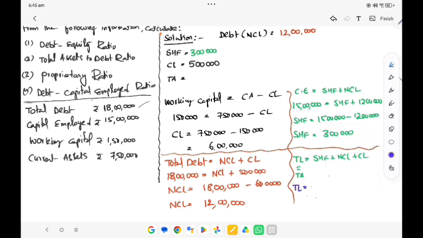Total liability is equal to 3 lakhs plus non-current liability 12 lakhs plus current liability 6 lakhs. Then what is the total? 12 plus 6, 18, 18 plus 3, 21 lakhs. Therefore, total assets is equal to 21 lakhs. So we have total 21 lakhs, and capital employed is equal to 15 lakhs.